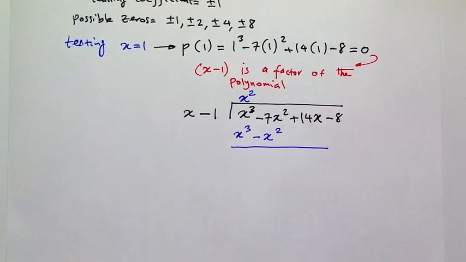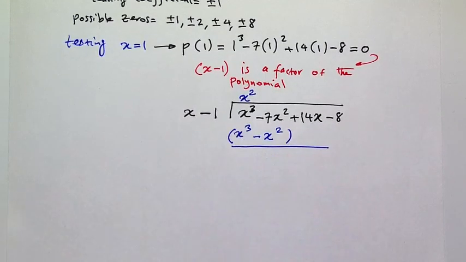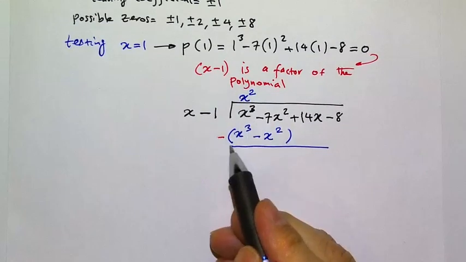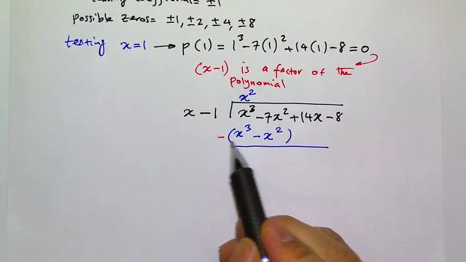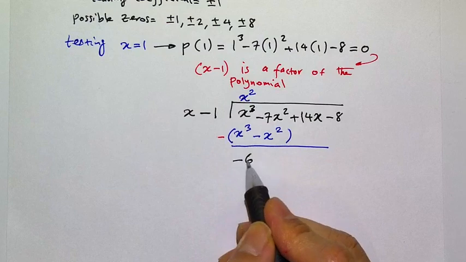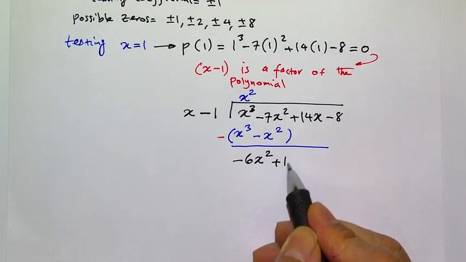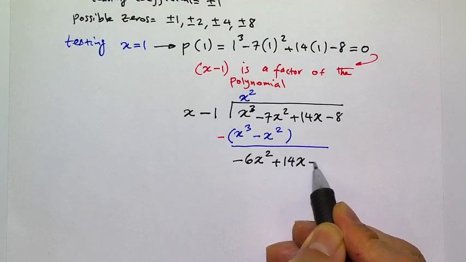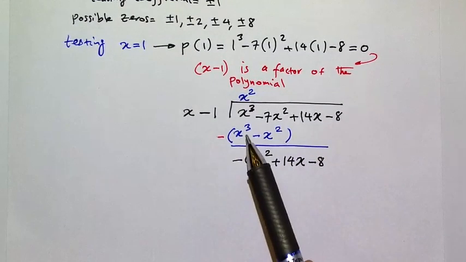And then of course we will subtract this from the expression above it. x cubed minus x cubed, that's 0. Minus 7x squared minus x squared. So this will make this positive. So this will be minus 6x squared plus 14x minus 8. Okay, we repeat the process.